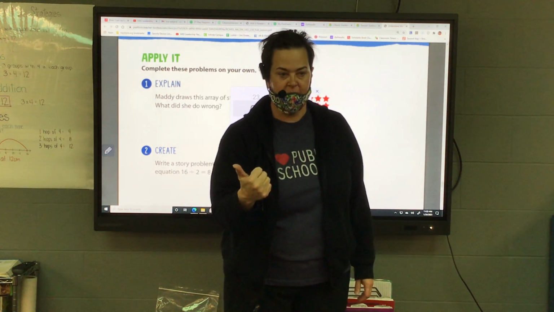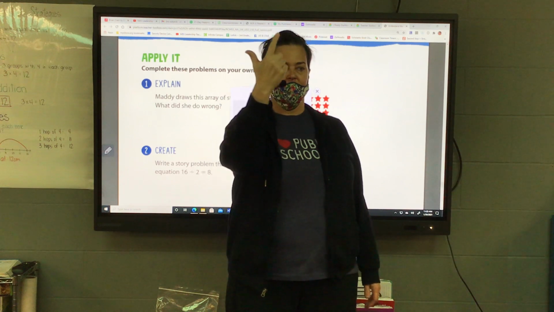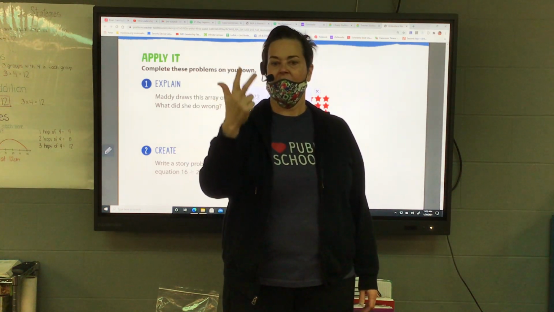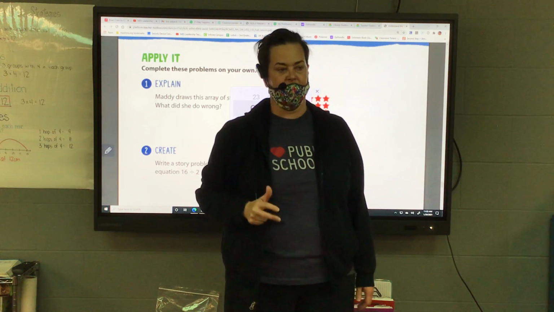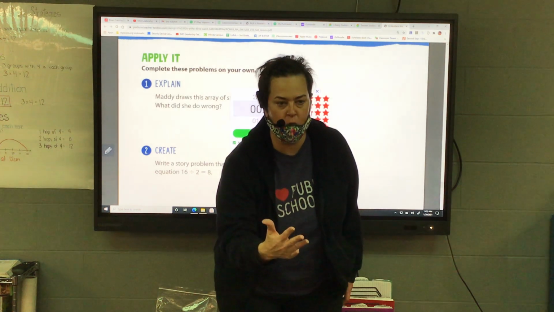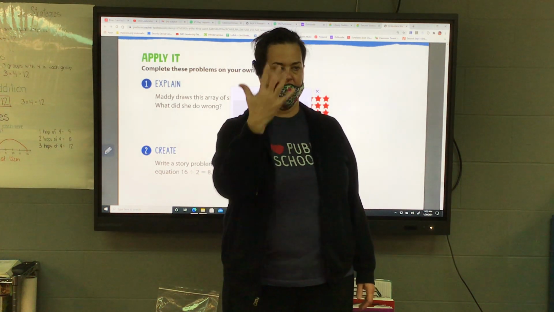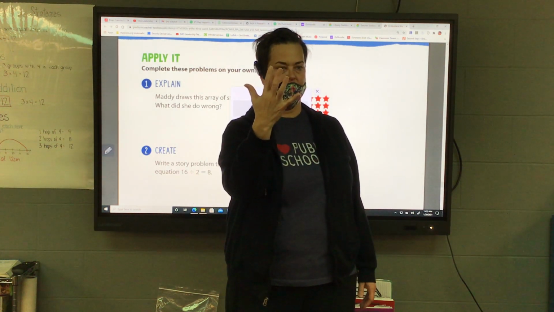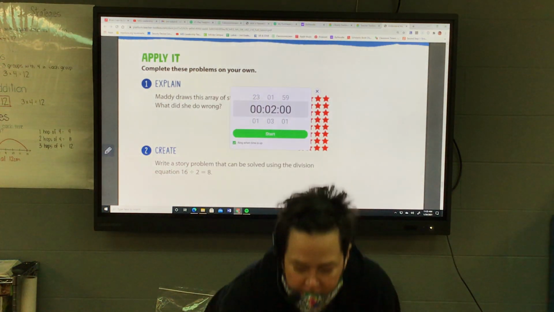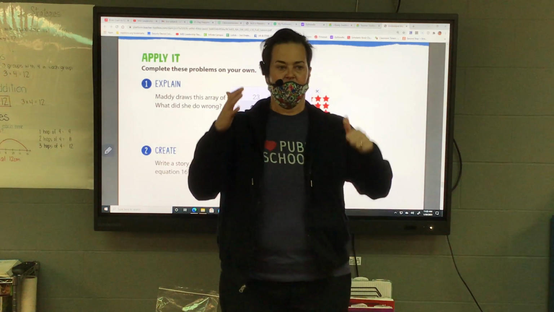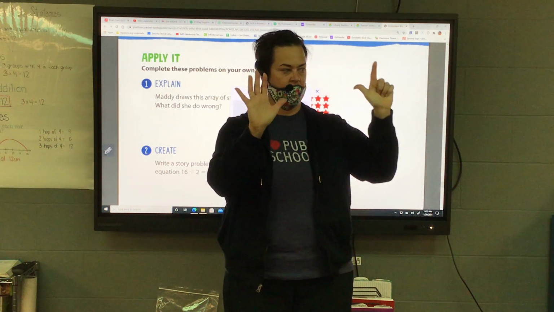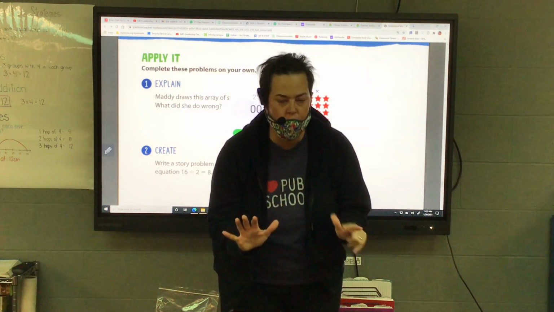6, write it down. 12, write it down. 18, write it down. 24, write it down. 6 times 5, 30, write it down. 6 more from that, 36, write it down. 42, write it down.